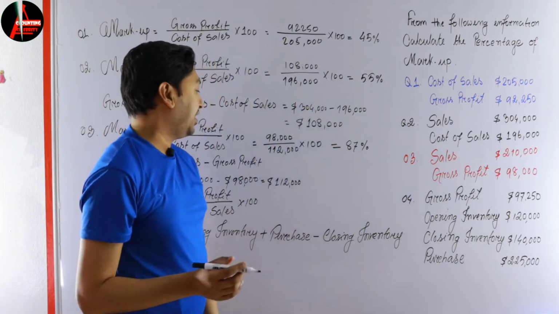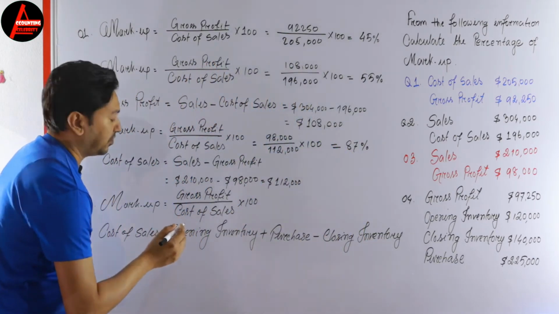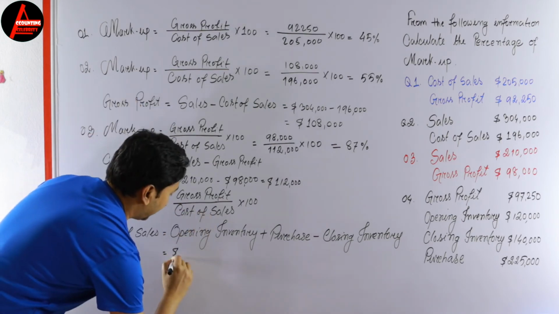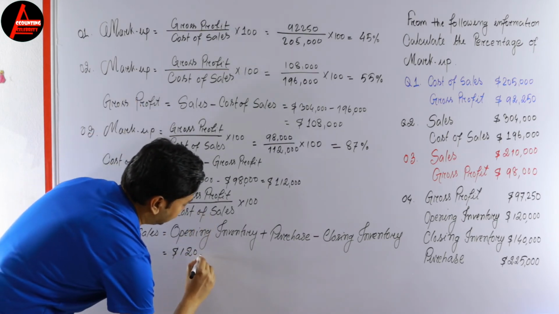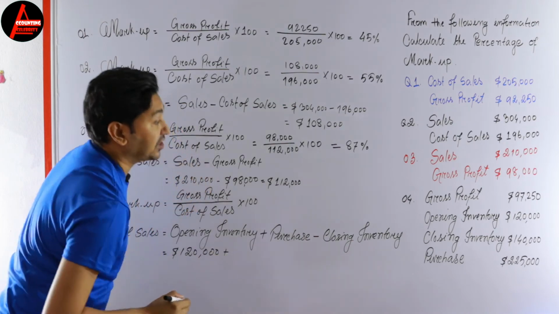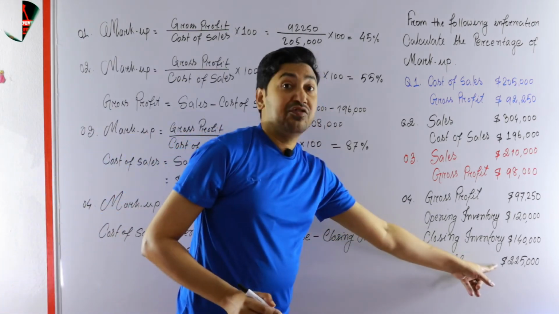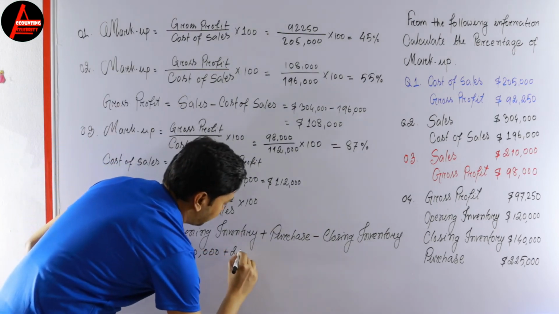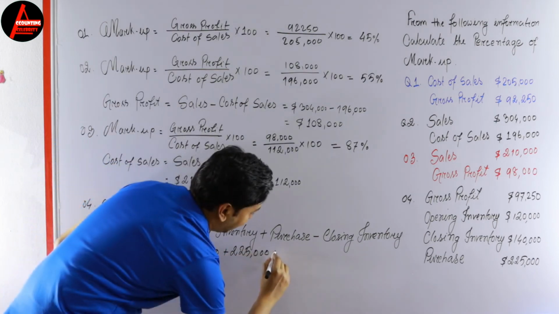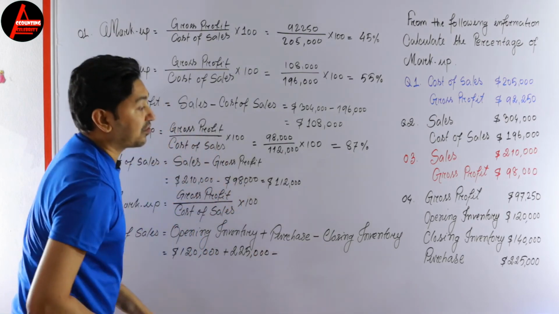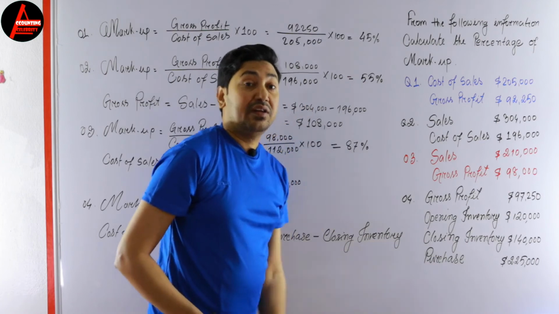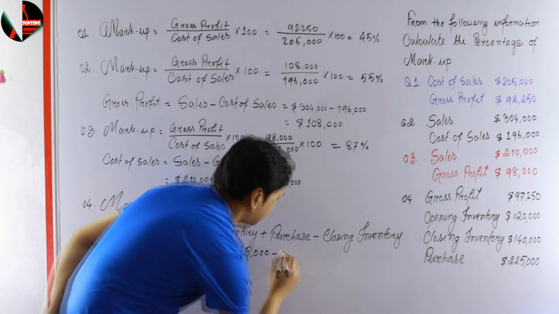Now if we put the values, what is our opening inventory? It is $120,000, plus our purchases $225,000, then minus our closing inventory, which is $140,000.